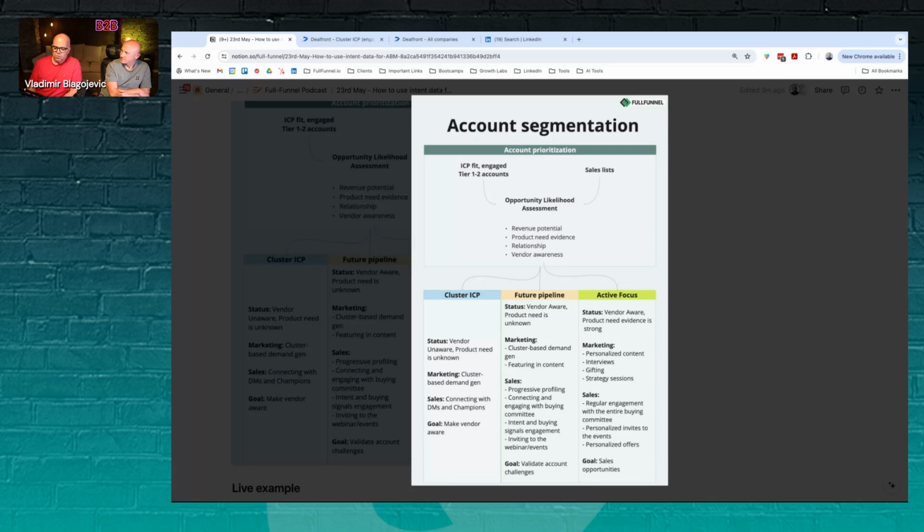Let's say we have a cluster of accounts that are looking to introduce ABM. And then we have another one, which are maybe product-led companies that are looking to introduce enterprise motions, or companies selling to technical audiences where the usual outreach and marketing messaging is being ignored, et cetera.